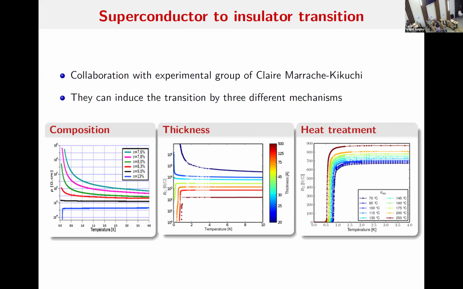Okay, first, you all know about this, that we can tune the superconductor to insulator transition by different methods. That's been done by changing composition, thickness, heat treatment. Specifically, here we concentrate on heat treatment, where increasing the annealing temperature increases the disorder, so that we get deeper into the insulating side, which is what interests us.